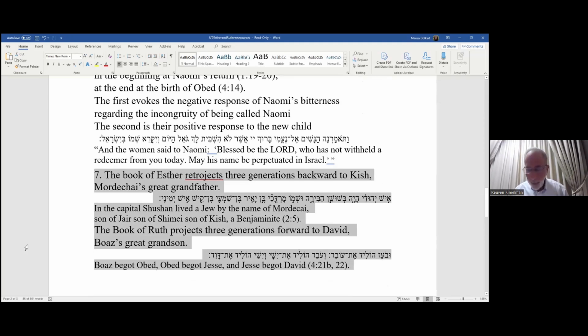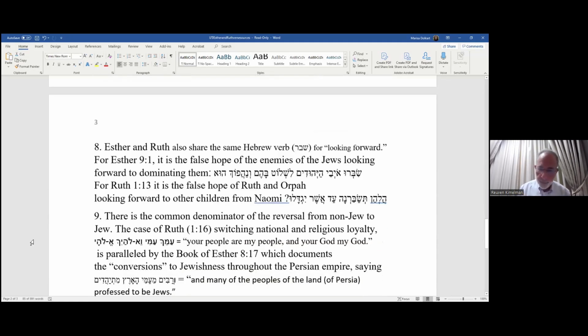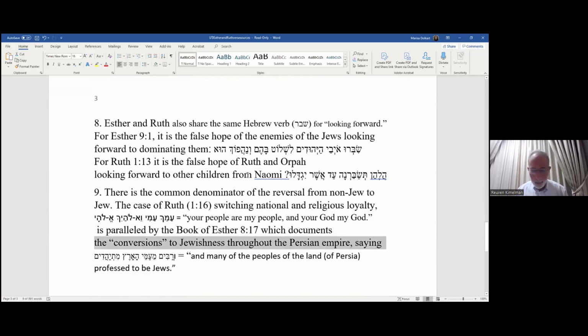The book of Ruth, on the other hand, projects 3 generations forward to David, Boaz's great-grandson. "Boaz holid et Oved, Oved holid et Yishai, Yishai holid et David." Boaz begot Obed, Obed begot Jesse, and Jesse begot David. One goes 3 backwards, one goes 3 forward. Again, mirror images of each other.